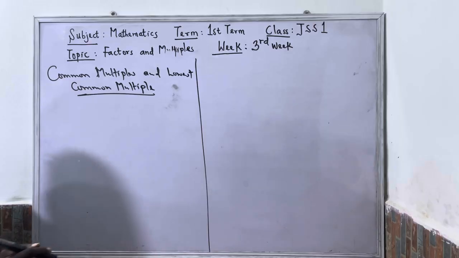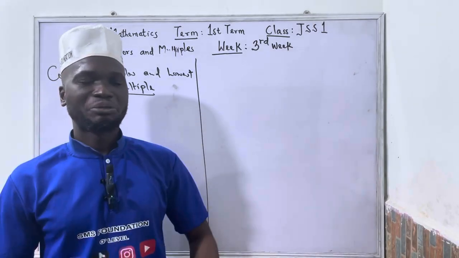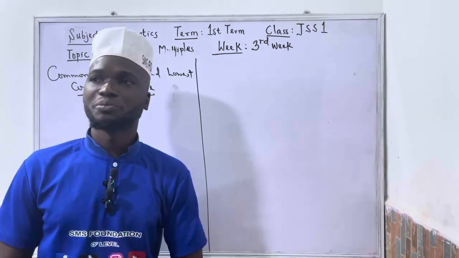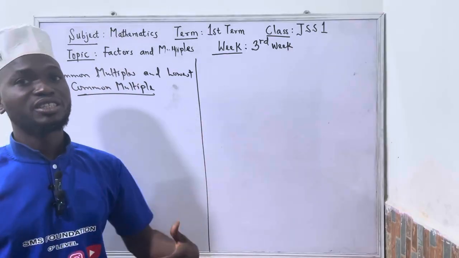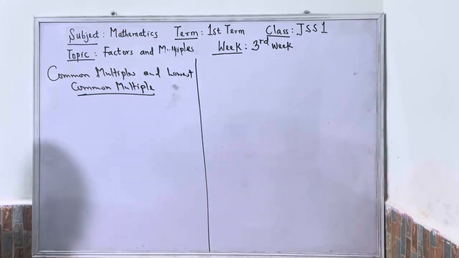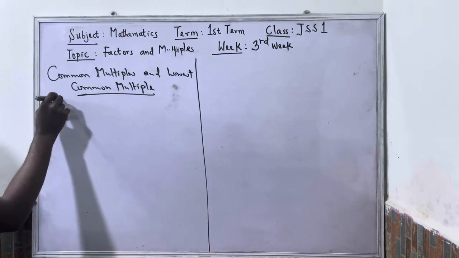However, questions always come in this manner. They will say find the first, maybe find the first 3 common multiples, or sometimes find the first 5 common multiples, or sometimes find the first 10 common multiples. Very good. So let us see how we can form a question.